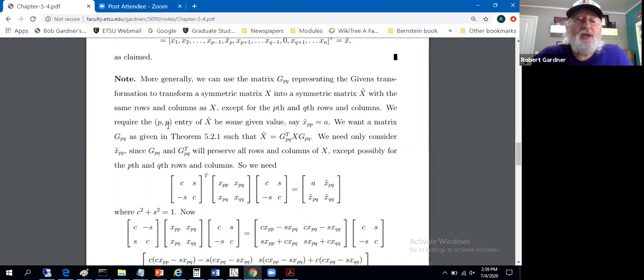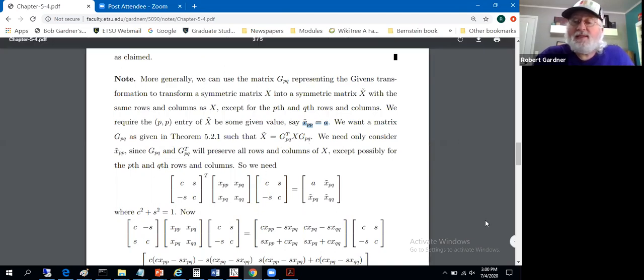We require the pp entry of X tilde to be some given value, call it A. A could be anything of your choosing, but we'll have to have that value when we do the computations. We want a matrix G sub PQ as given above, such that X tilde is G sub PQ transpose times X times G sub PQ.